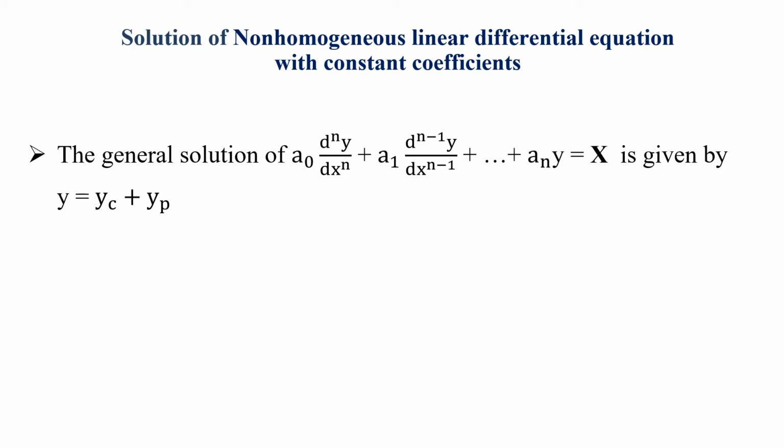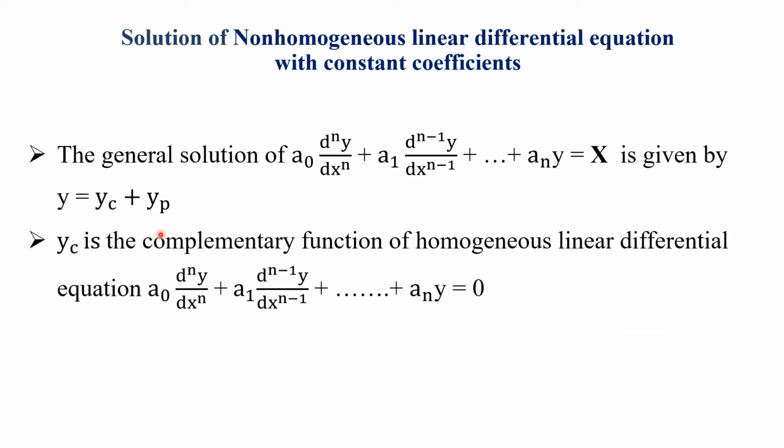The general solution of a0 d^n y/dx^n + a1 d^(n-1) y/dx^(n-1) + etc. + an y = X is given by y = yc + yp, where yc is the complementary function of the homogeneous linear differential equation a0 d^n y/dx^n + a1 d^(n-1) y/dx^(n-1) + etc. + an y = 0.